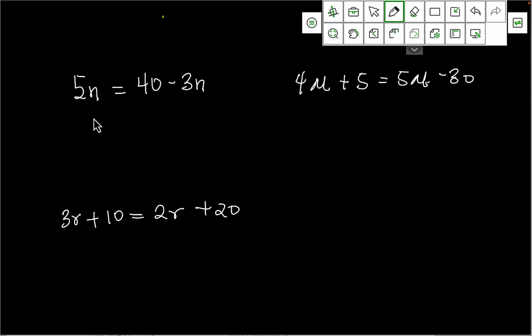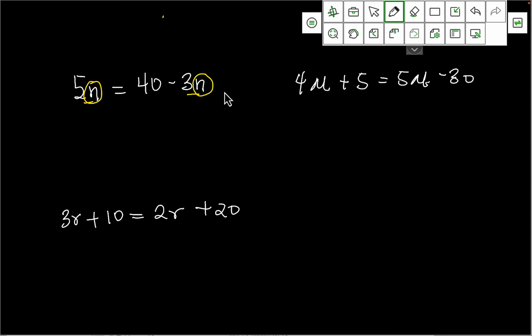Now you would realize that we have 5n, and that is equal to 40 minus 3n, right? You understand so far that the literal coefficient here is n and the literal coefficient here is also n, so they are like terms, right? If they are like terms, it means that they can either be added or subtracted.